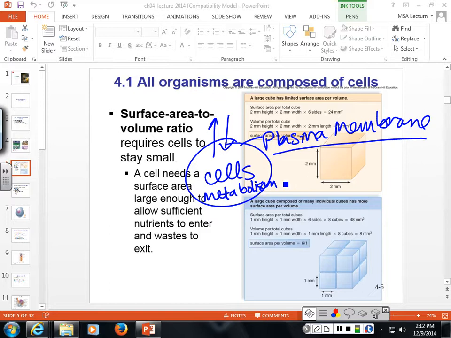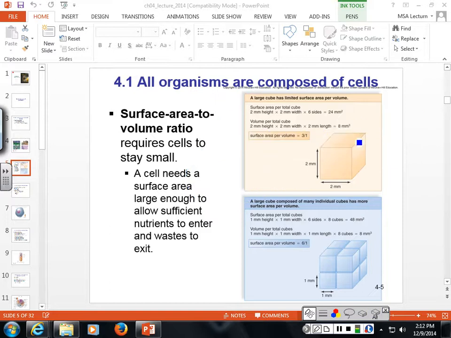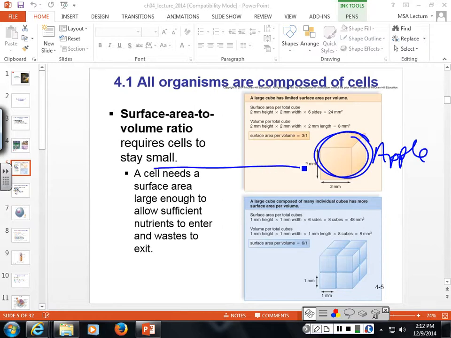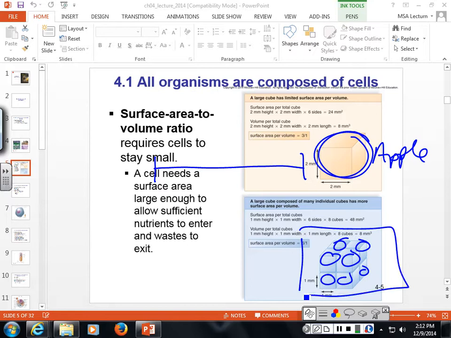So if I try to make this a little more clear, let's say this is an apple. If I were to skin this apple, I would have a surface area about this length. Say these are a bunch of grapes, and we might have much more than just these 8 cubes. But if I were to take the surface area off of those, I would actually have more surface area per volume.